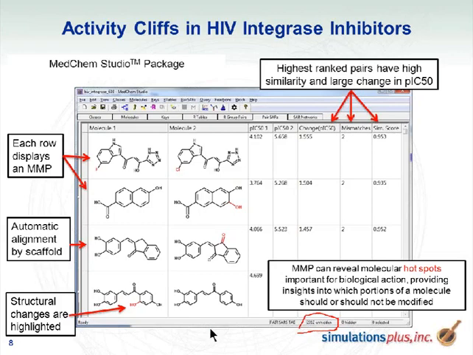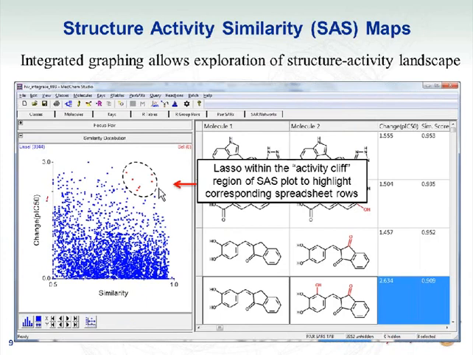We can also graph the change in IC50 value versus the similarity index. You would expect that compounds up in this circle have a high degree of similarity, but they also have a large change in activity. So these are activity cliffs, pairs where you've made a small change in structure, and that's manifested itself in a large change in activity.